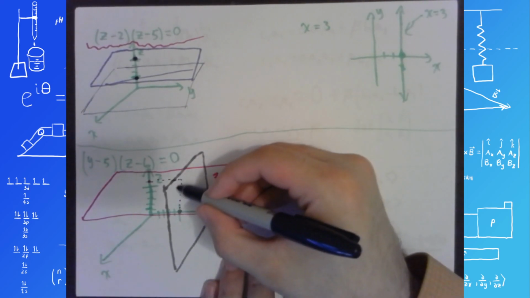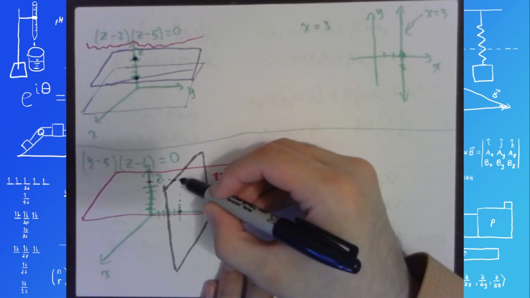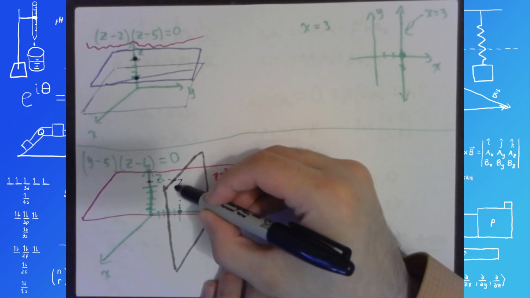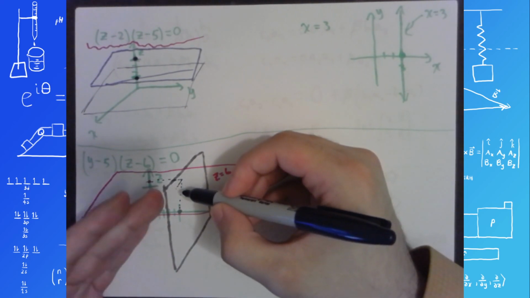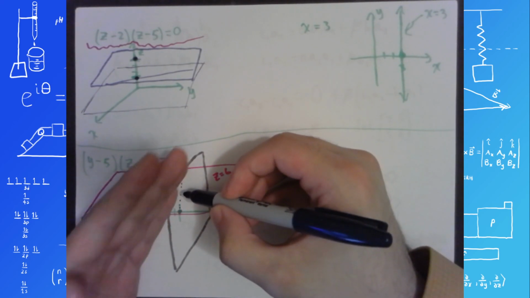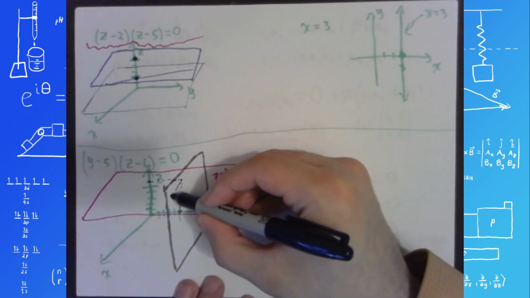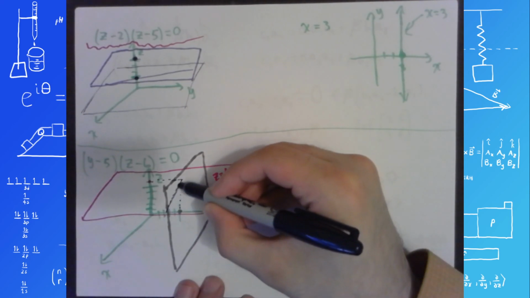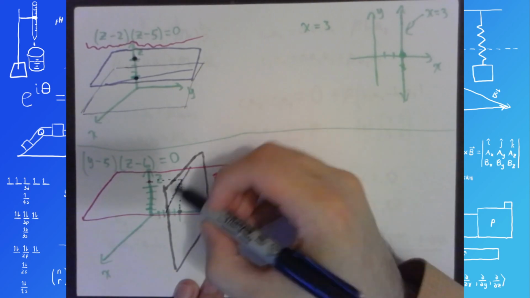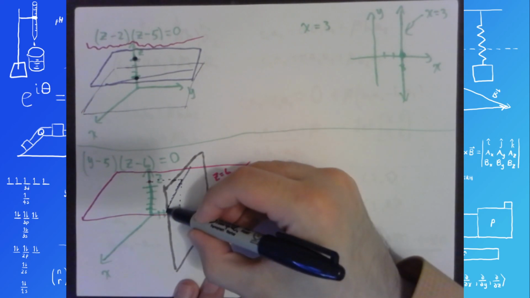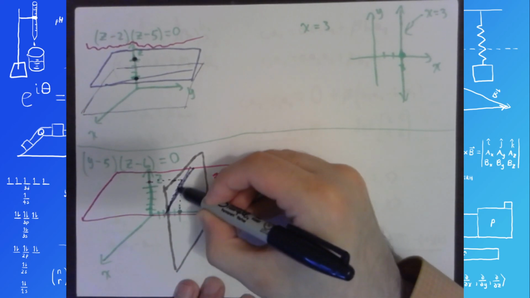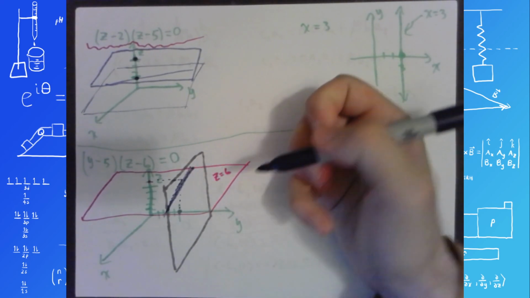Okay, so somewhere there, and then parallel to the x-axis. Okay, I think I've got the right angle. Okay, I messed it up a little bit. But yeah, something like that.